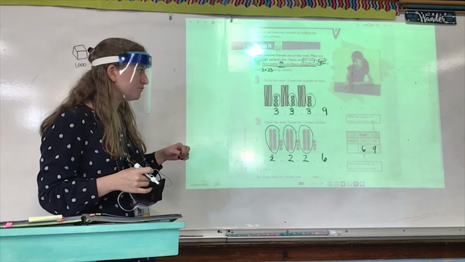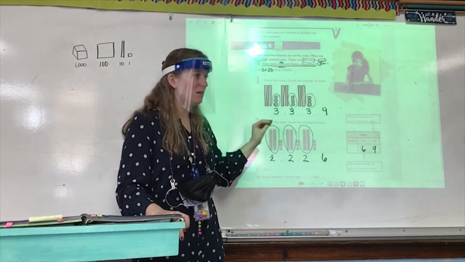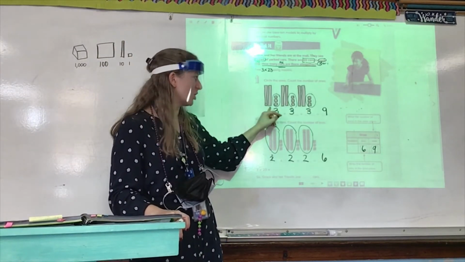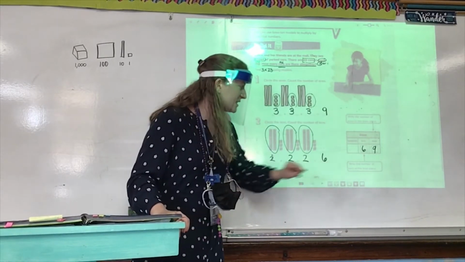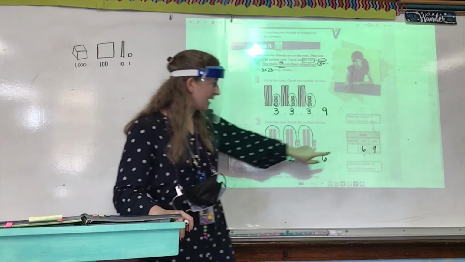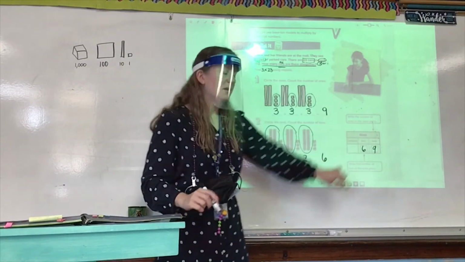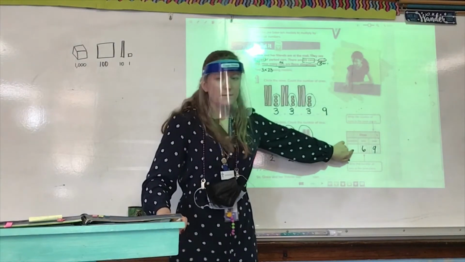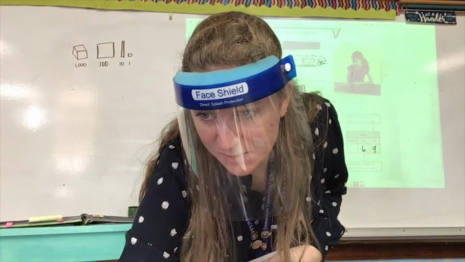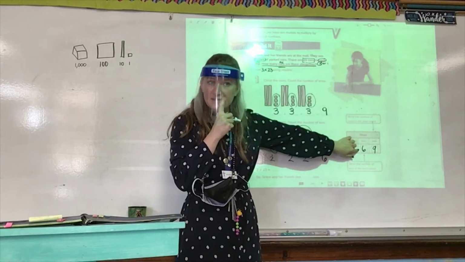Now I know if my model of 3 times 23, where I took 23 and repeated it 3 times, has 9 ones and 6 tens, then 3 times 23 is what, class? 69.